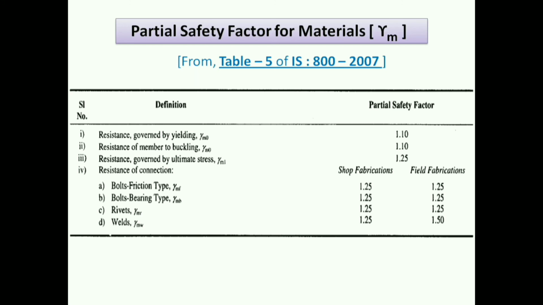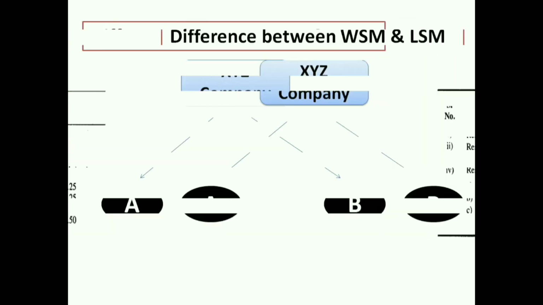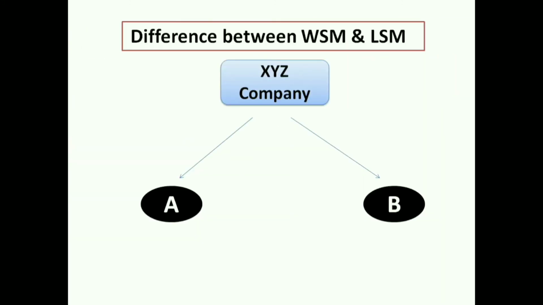So next, what is the basic difference of LSM and WSM? I will give an example and you can try to understand. A and B are two people, both work at XYZ company, and both A and B can take the load 100 kg, meaning their efficiency is 100%.